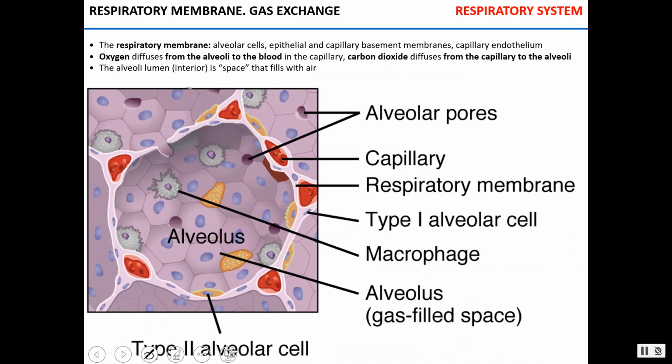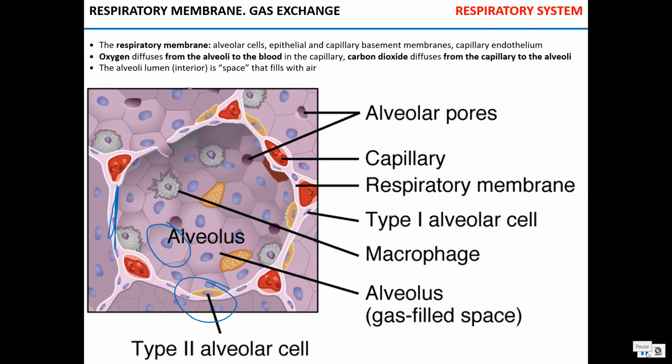So this is an enlarged illustration of the respiratory membrane. You can see type 1 alveolar cell, type 2 alveolar cells that produce surfactant. You can see that the respiratory membrane is formed by the type 1 alveolar cell, the basement membrane, and the endothelial cells of the capillaries.